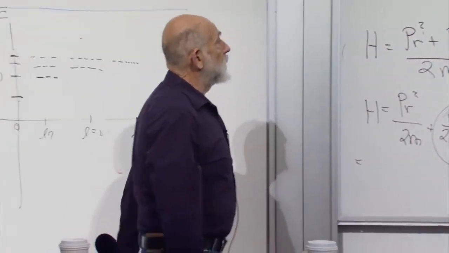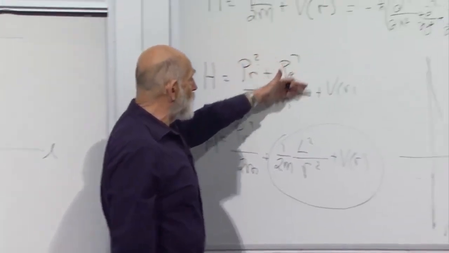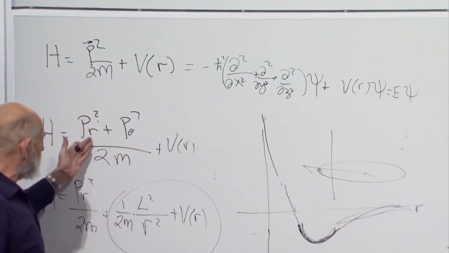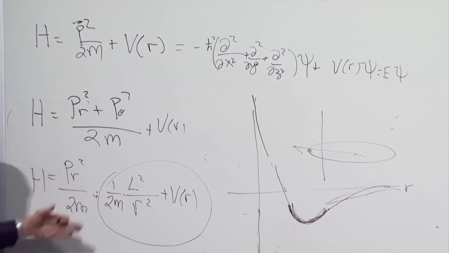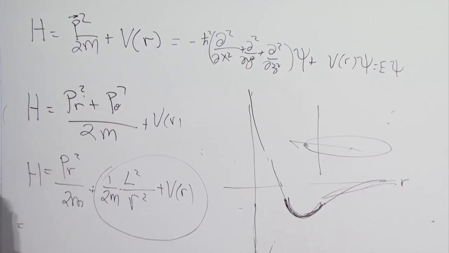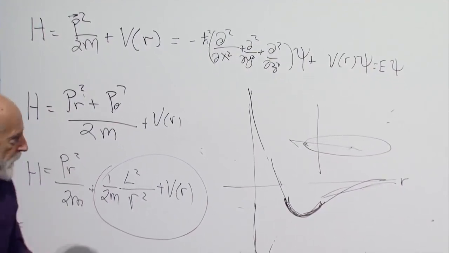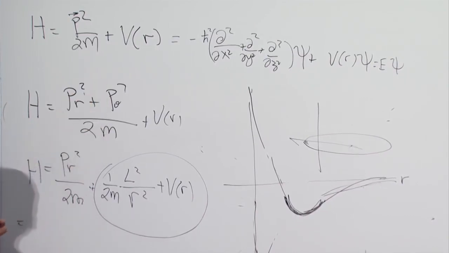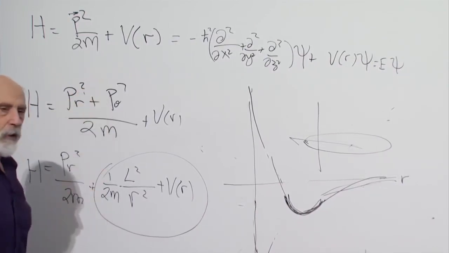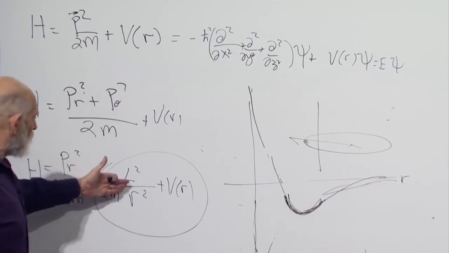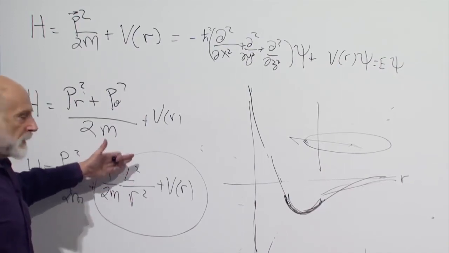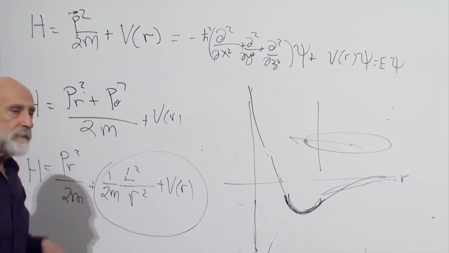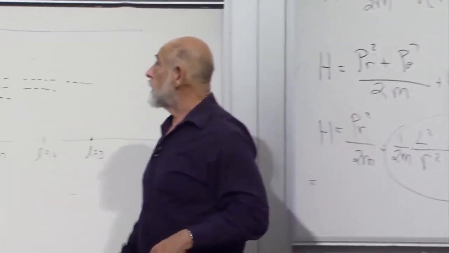You solve it by going first to radial and angular coordinates, and then using the algebra of the angular momentum to deal with the angular parts. The angular parts are all subsumed by saying you work with angular momentum eigenstates. L squared is nothing but L times L plus 1.